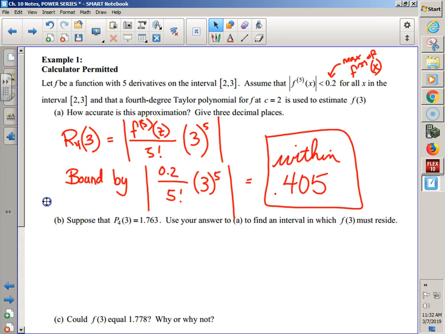Hey guys, can you see if that makes sense? So my A is 3. My A is 3.